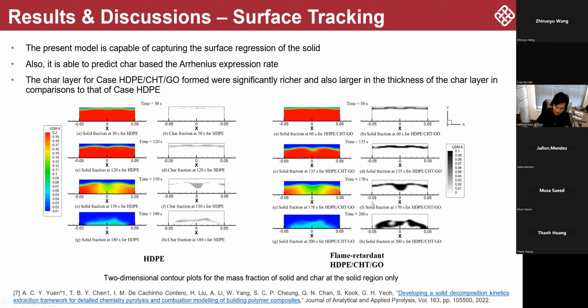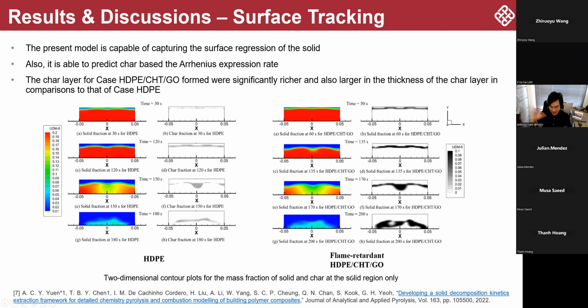But more importantly, we can really look at the layer thickness of the char in the CFD at different times. If we compare the two together, you can see little to no char is formed if we just burn pure polyethylene. But if we put the graphite oxide into it, you can see a nice thick char layer is formed, and we can somewhat measure the thickness of this char layer.